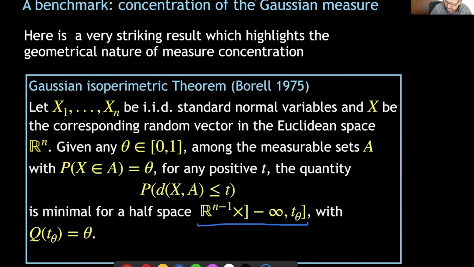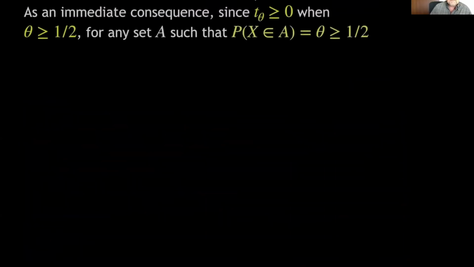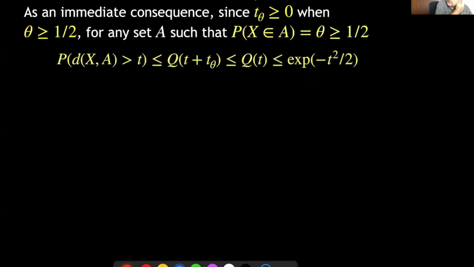And if the half space has this shape, the constraint that the probability that x belongs to the half space is equal to theta just means that the Gaussian tail at t theta has to be equal to theta. So this is a beautiful isoperimetric theorem, and it has the following consequence.